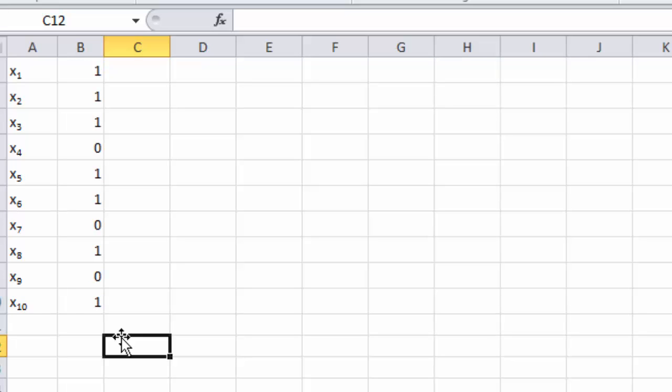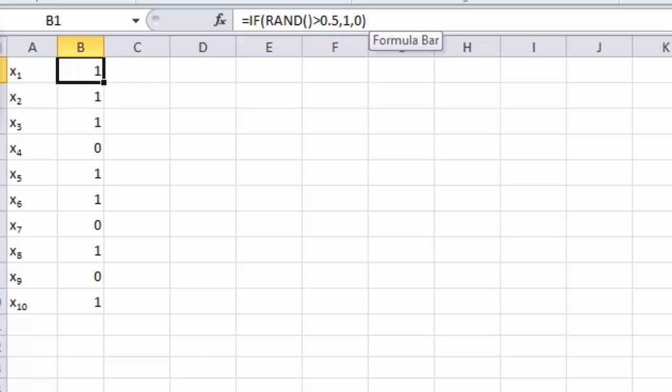Keep in mind that I am doing the experiment under the assumption that there is no ability. If you look behind these cells in B1, for example, it says if rand greater than 0.5, 1, 0. That will simply generate a 1 with 50% probability and a 0 with 50% probability.